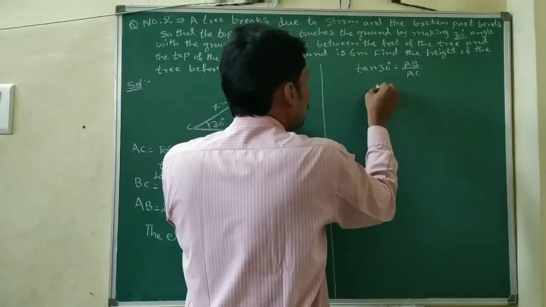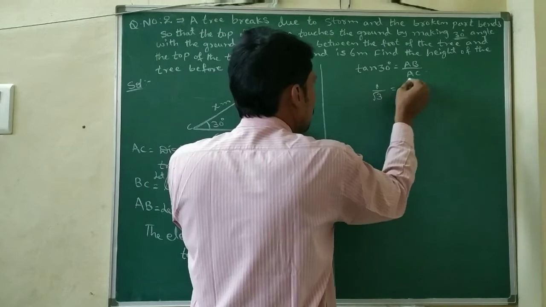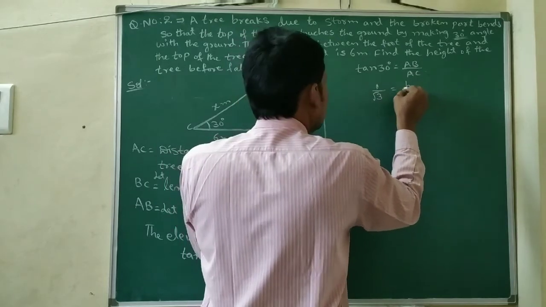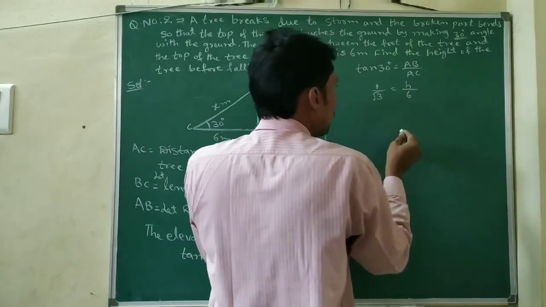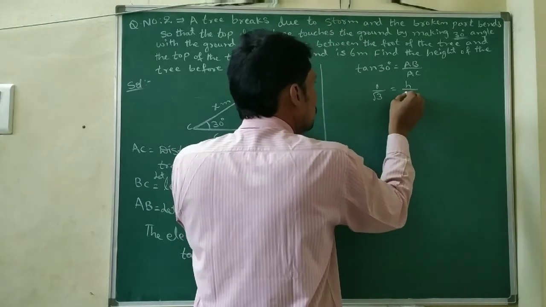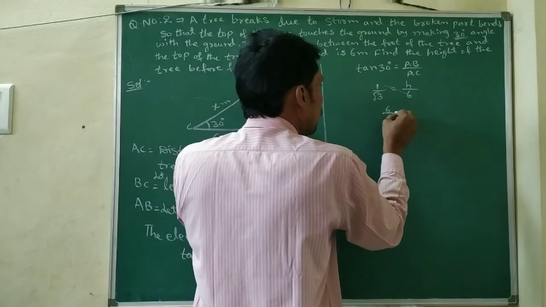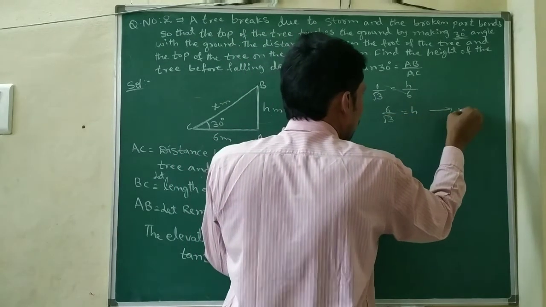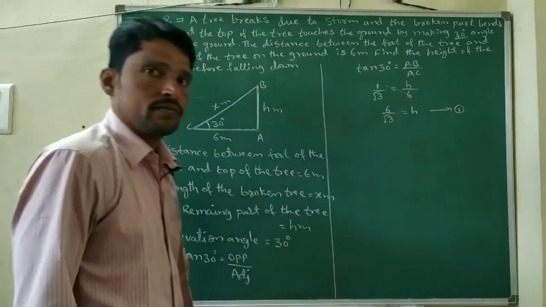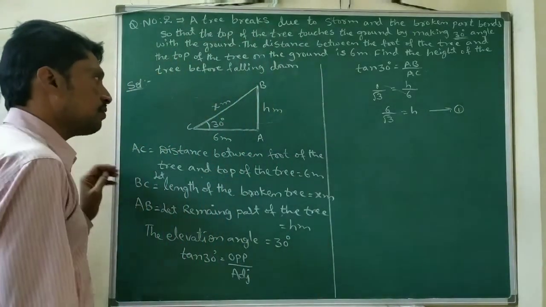Tan 30 value we know, that is 1 by root 3, equals H by 6 meters. Now cross multiplying, 6 by root 3 equals H. This is equation number 1.